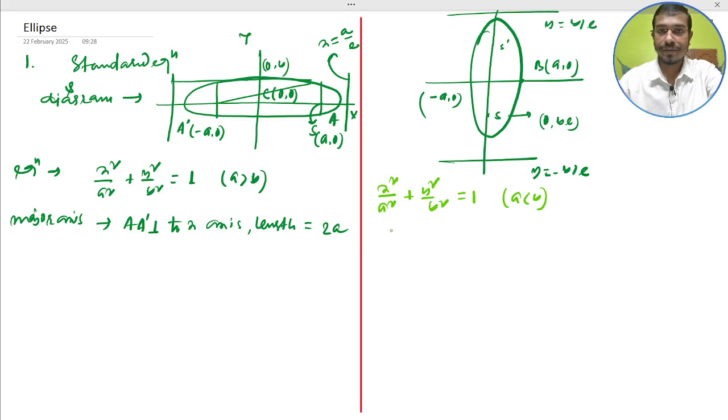And here this one, A A', is perpendicular to the y axis, very important, and the length here is 2b.